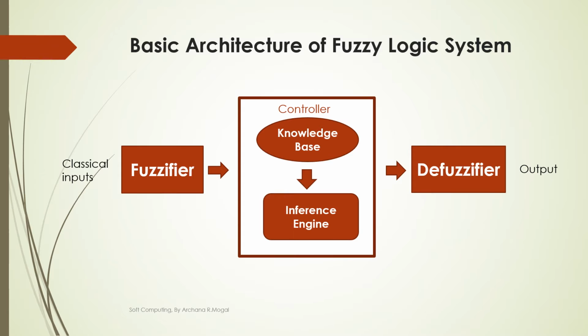Second module is controller. It consists of the knowledge base as well as the inference engine. The knowledge base stores the membership functions and the fuzzy rules obtained by knowledge of system operations and the environment. The inference engine performs processing of the obtained membership functions and fuzzy rules.